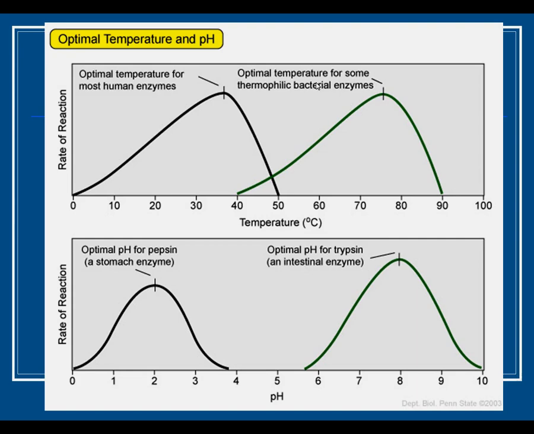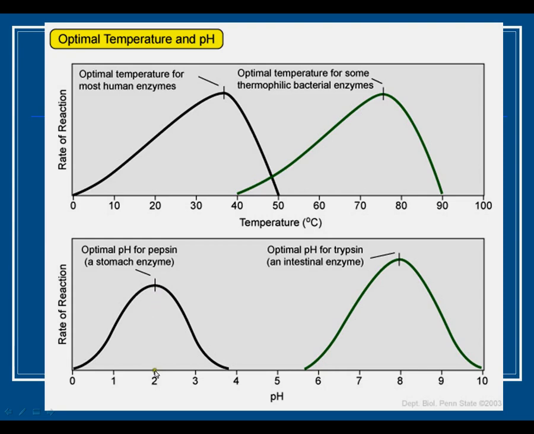The same is true for pH. So if you look at these, these are both human enzymes. The black line is representing pepsin, which is an enzyme that's found in the stomach, and its optimum pH is 2, which is medium acidic.